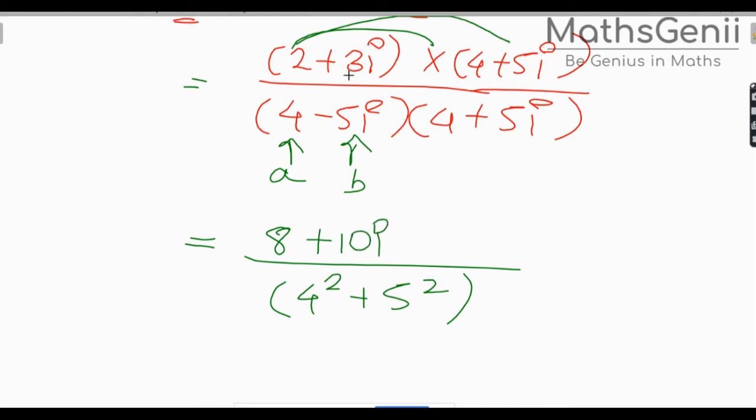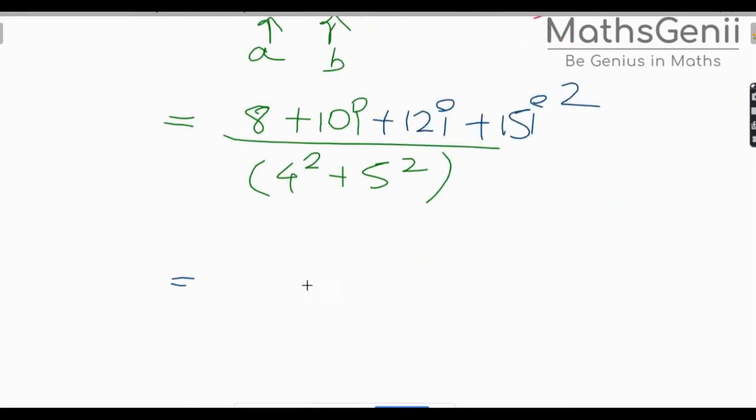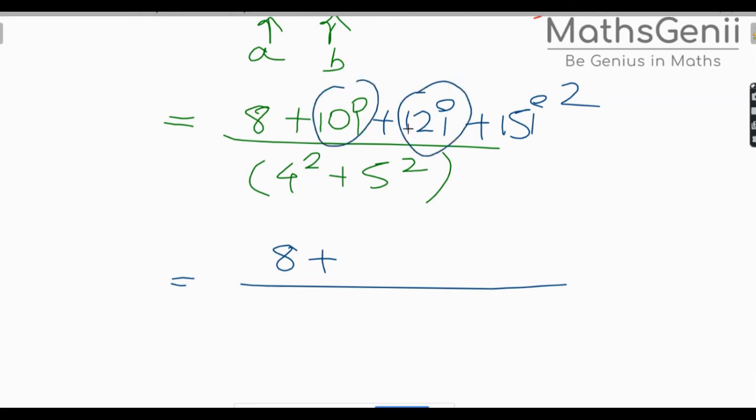Then let's multiply this with this. 3i into 4, 12i plus 5 3s are 15, i into i square. So 8 plus this is i, 10 plus 12, 22i.